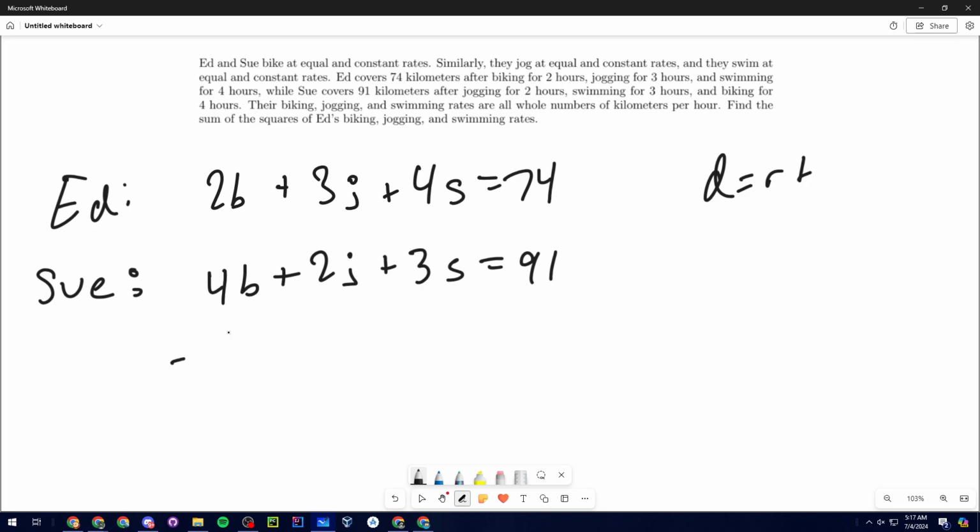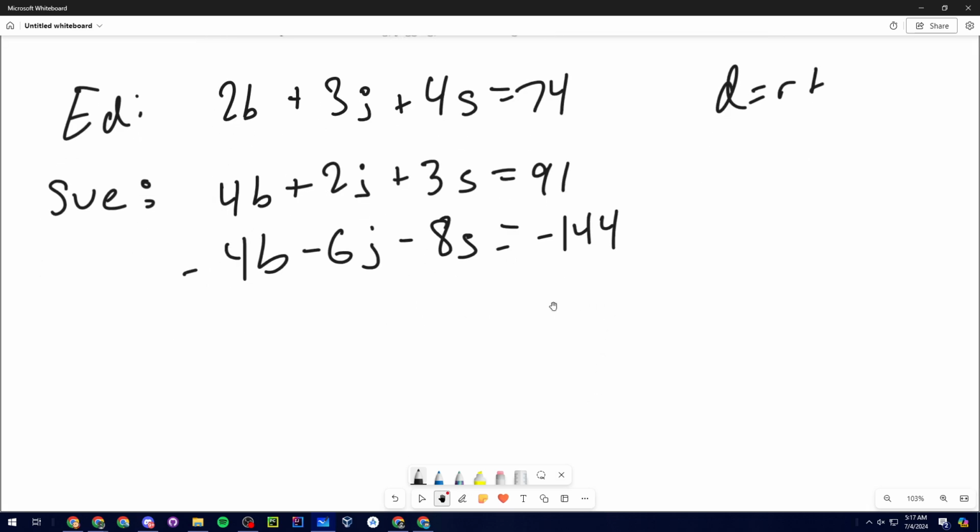equation by 2. So I'm going to subtract 2 times the first equation, so 4b minus 6j minus 8s minus, well, 144. That cancels out this, gives me negative 4j minus 5s is equal to 9 plus 48, which is 57, right?